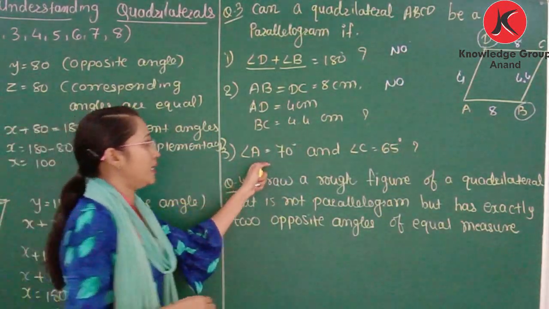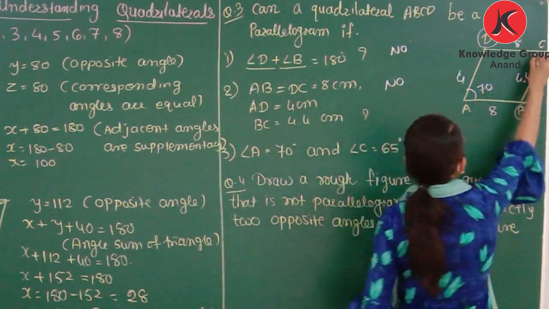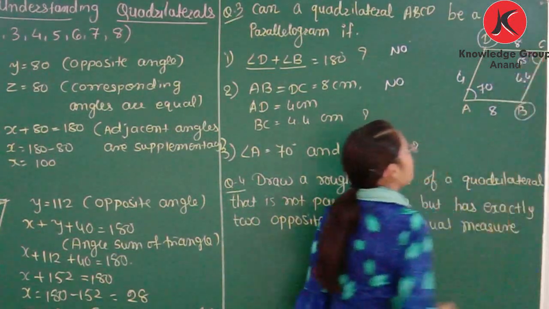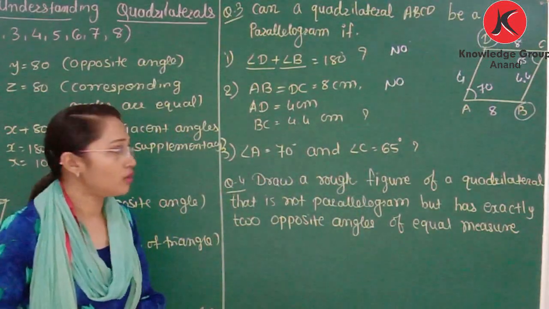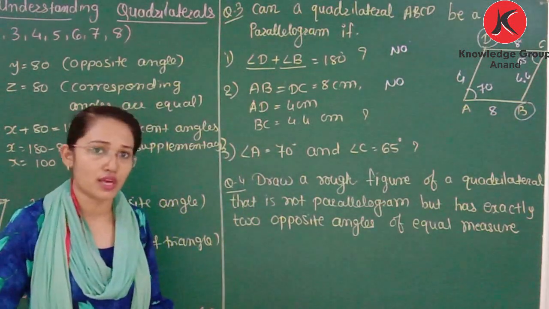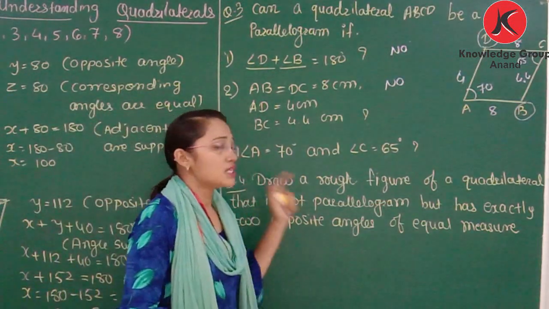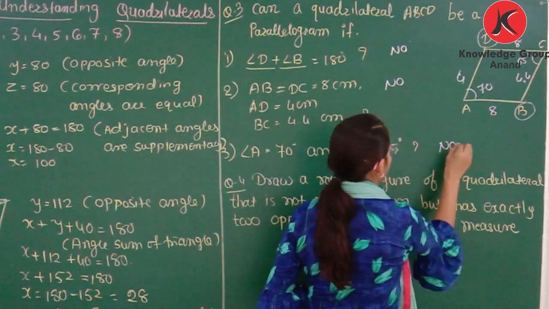Now next one, angle A is 70. If this angle is 70, angle C can be 65. We learned that in a parallelogram opposite angles are equal, so if angle A is 70, angle C is also 70. It cannot be 65 degrees in a parallelogram. That's why this is also not possible.